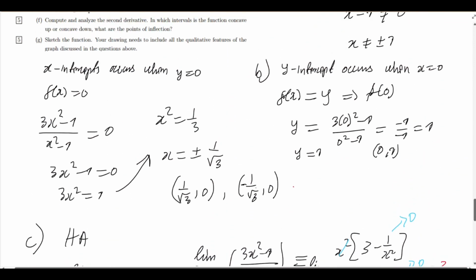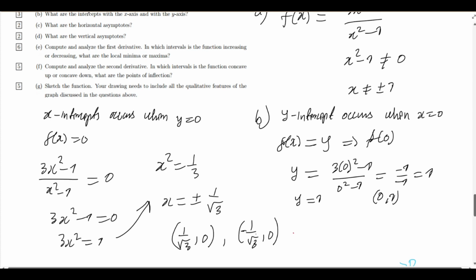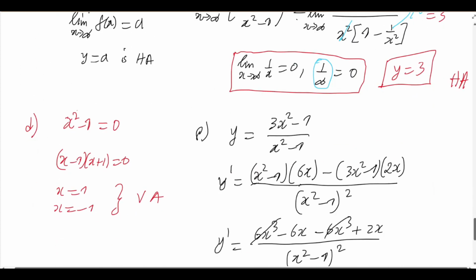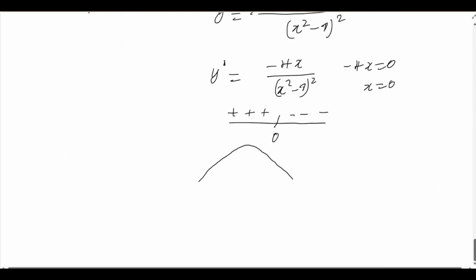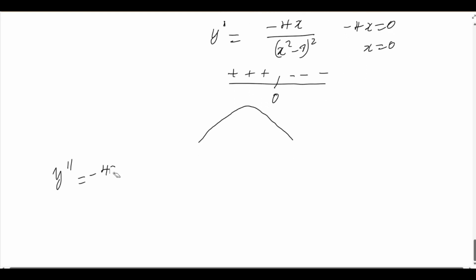I think the next one asks, compute: is it decreasing, what are the local minima and the maxima? So we're going to compute and analyze the second derivative, in which the interval of the function is concave or convex. So let's look at the second derivative of our function. So y double prime of our function -4x, we'll simply use the quotient rule as well, since it's still a quotient.